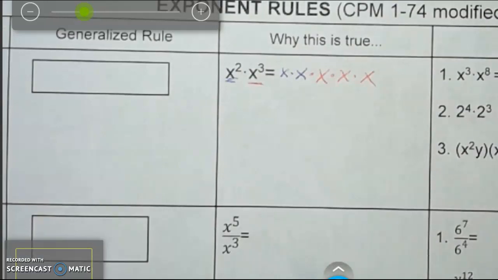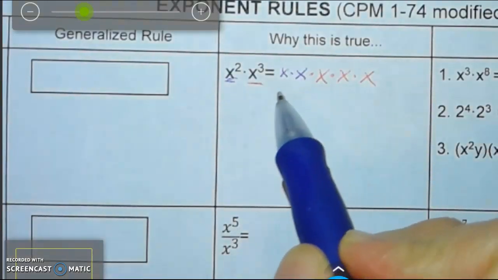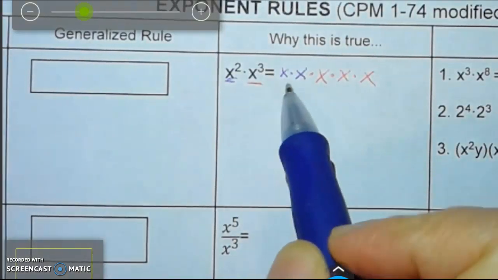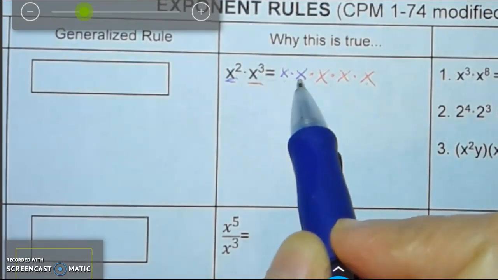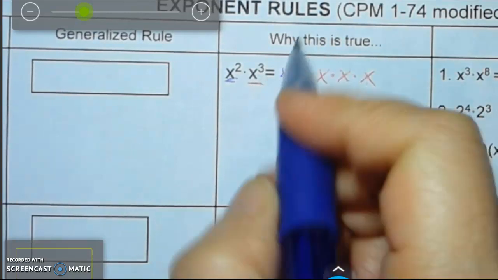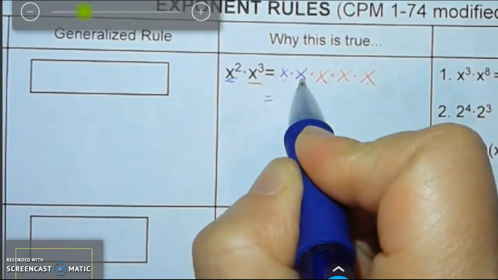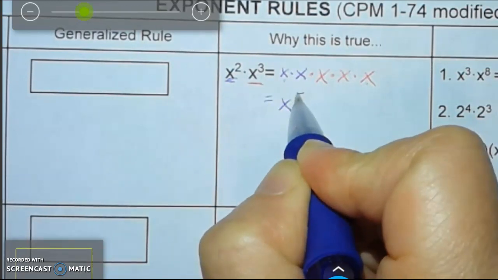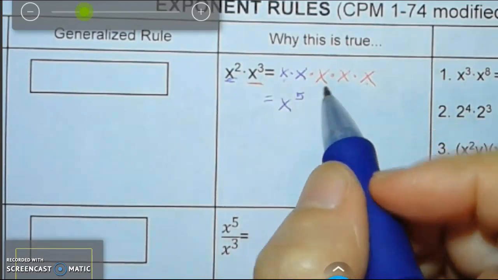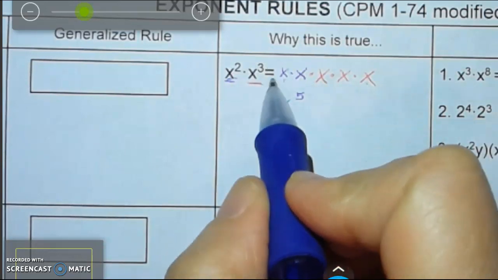I zoomed in a little bit so that you can see better. Now we can say x is just being multiplied to itself. It doesn't really matter whether the x came from the first term or the second term. x is being multiplied to itself how many times? 1, 2, 3, 4, 5 times. So we can rewrite this as x to the power of 5. But let's look at this.